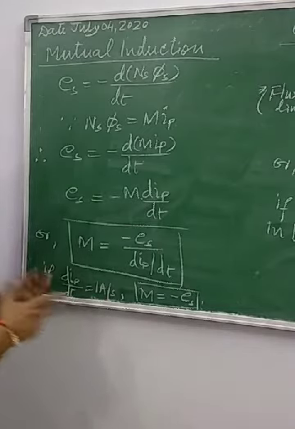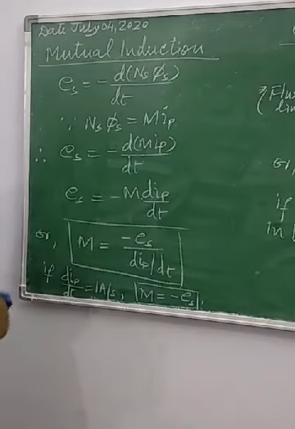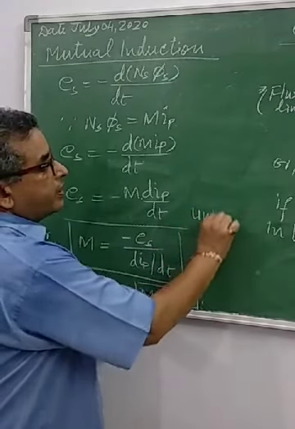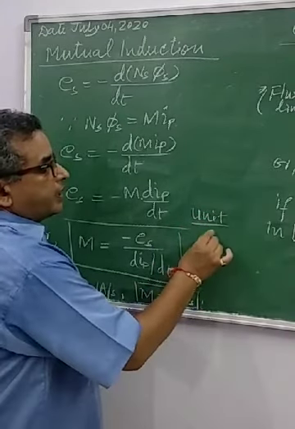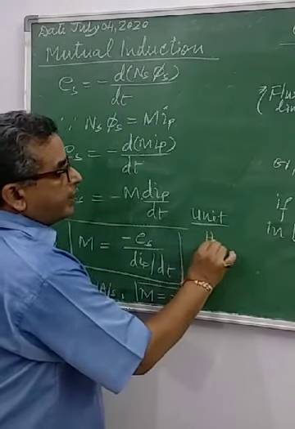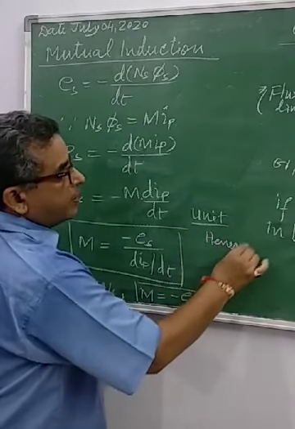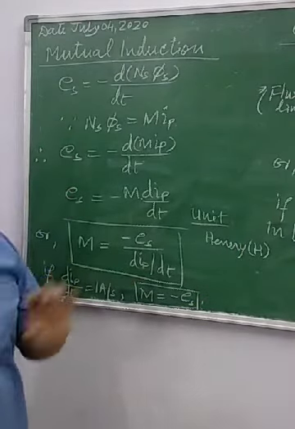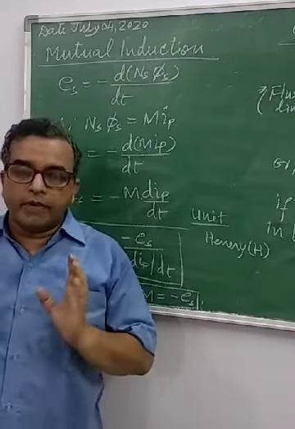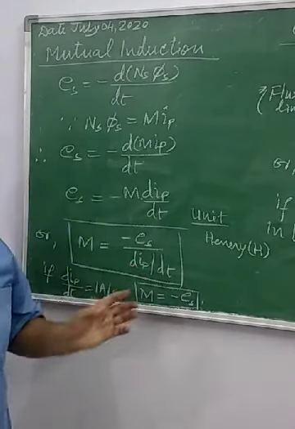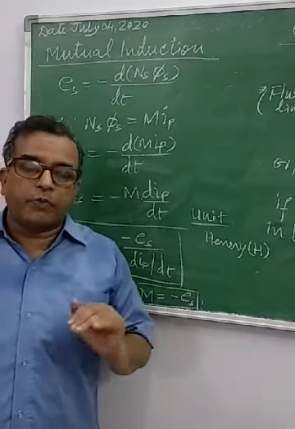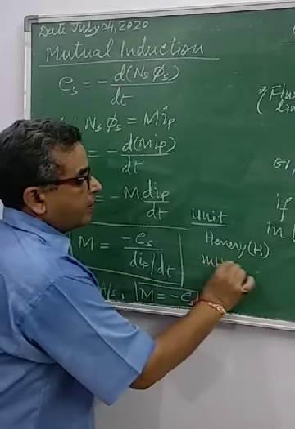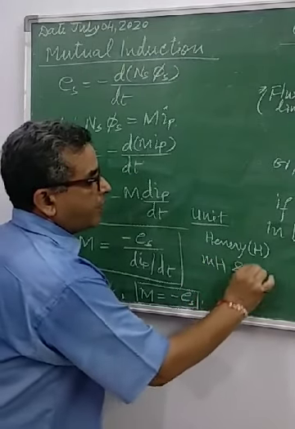So this is all about the coefficient of mutual inductance, and the unit of it is measured in Henry, or it is represented by H. Generally Henry is a bigger unit, so we measure this inductance or mutual inductance in smaller units, millihenry and microhenry.